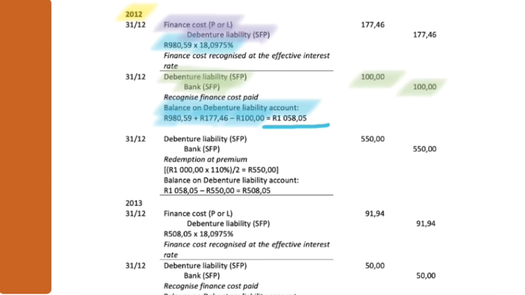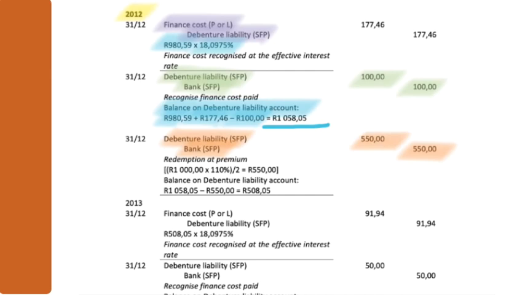But on this date, 31 December 2012, there was not only an interest payment, there was also a maturity payment. So credit bank, 550, we have calculated that amount. Debit the liability because you have repaid part of that liability.